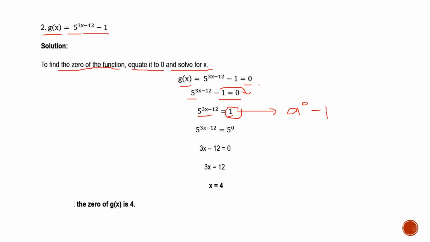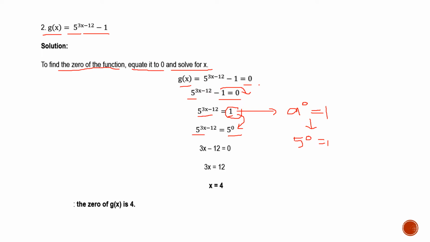This law of exponents says that 5 raised to 0 is equal to 1 also. That's why we can rewrite this 1 as 5 raised to 0.